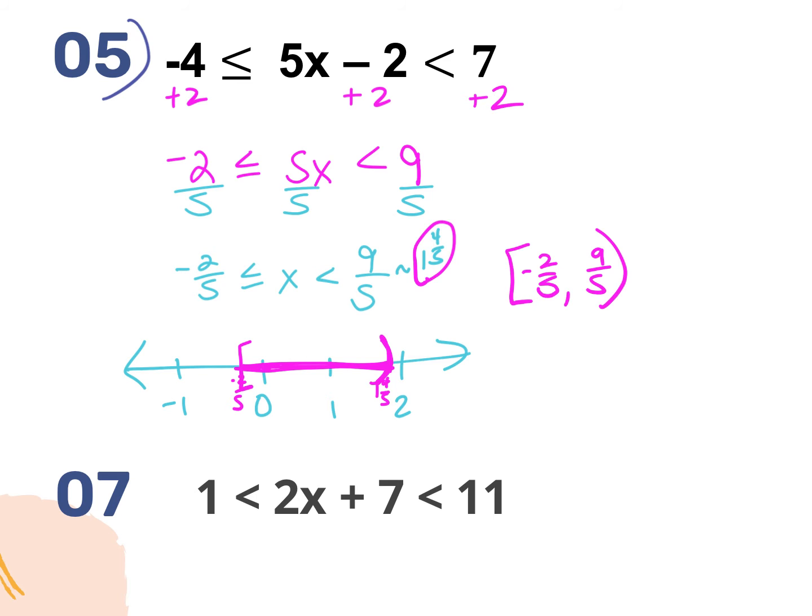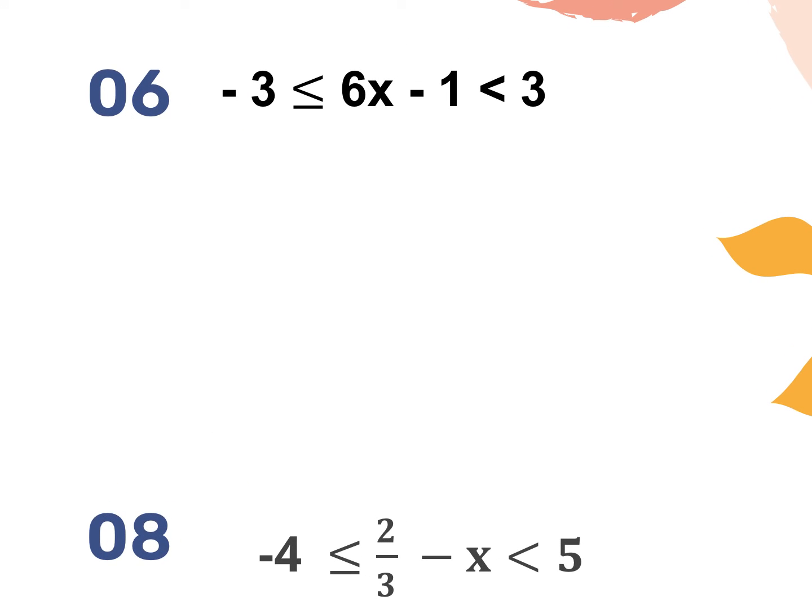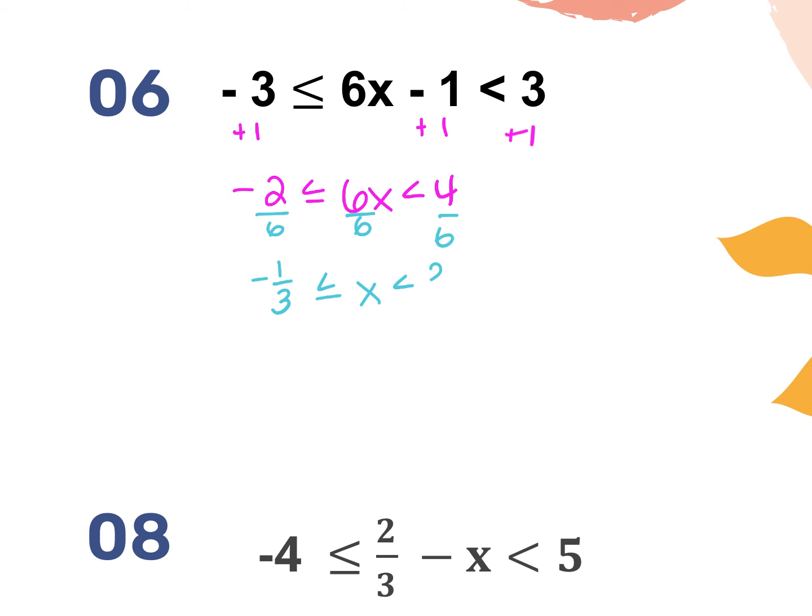Still good? Yeah? Okay, 6. Add the 1. Add the 1. Add the 1. Negative 2 less than or equal to 6x, which is less than 4. Divide by 6, divide by 6, divide by 6. Negative 1/3 less than or equal to x, which is less than 2/3. Negative 1/3 gets the bracket, 2/3 gets the parentheses, and we shade in between.